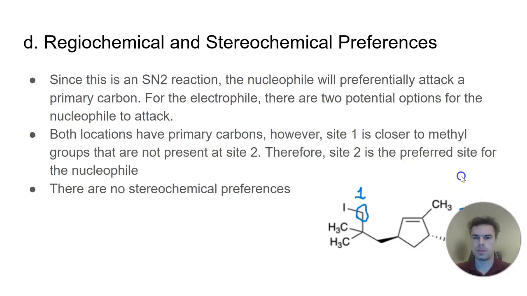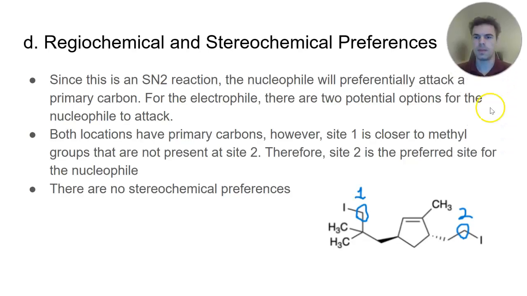There's 1 and 2 that you can see here, and I decided on site number 2 being more preferable because even though they are both primary carbons that the nucleophile would be attacking in this case, associated with those two alkyl halides, and they're both iodide atoms, site number 1 is subject to more steric hindrance than site number 2 for the reason of those additional methyl groups connected to the alpha carbon relative to site 1.